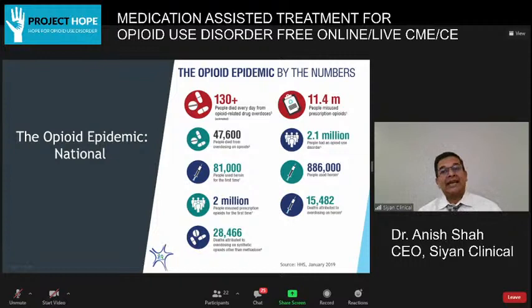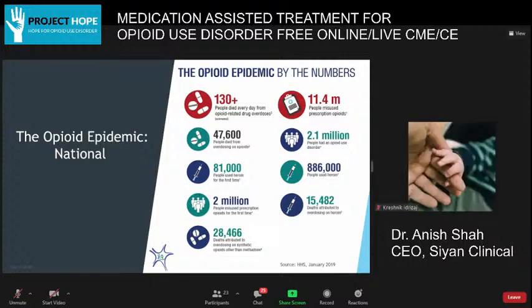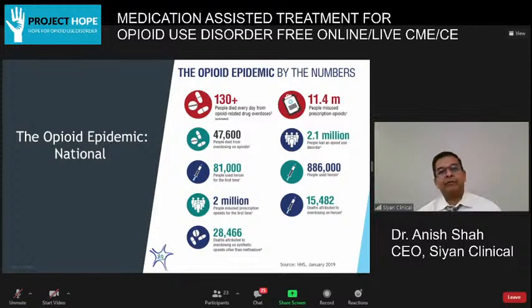About 11.4 million people misused opiates, and these are the HHS data for 2018, which were published in January 2019. About 2 million people misused prescription opiates for the first time in their life, which is quite a high number of people now misusing opioids. And these are again national data.